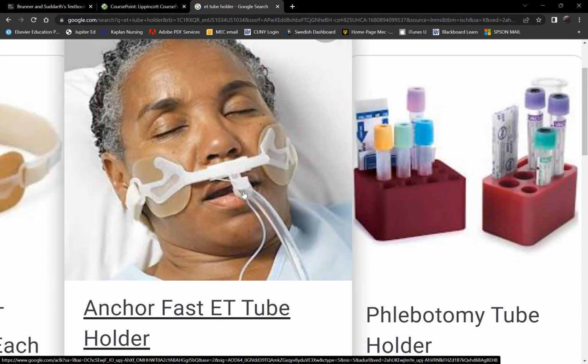Another thing, this tube, is it putting pressure on the mucosa? On the lips, yes. On the lips only? What about the tongue, the gums, the cheeks? Okay, so should it stay in the same place all the time? No. Can we move it? Okay, we can move it. Just don't pull or push on it, but you can put it side to side.